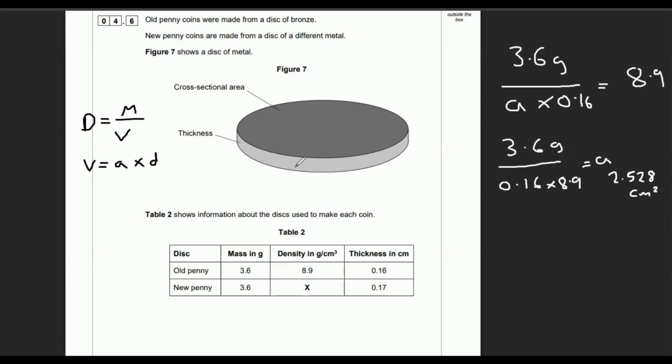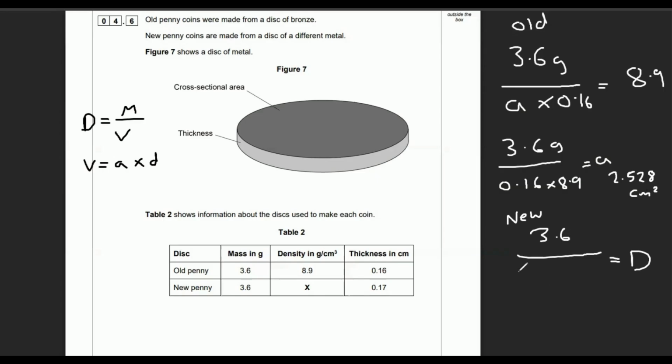So what I can do is set out this new equation, which is going to be 3.6 again. So this is for the new penny. So this was the old, and this is the new one. So I can now go 3.6, which is the mass. I need the volume underneath, and this time we don't know the density, so D is what we're trying to work out.